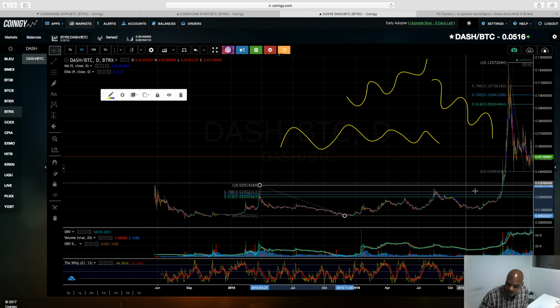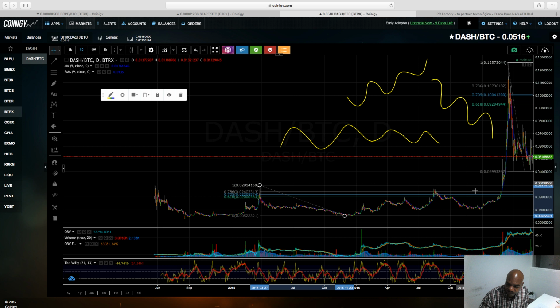Now, if it breaks this range, how far is it going to go? Well, to do that, all you have to do is add in a few of these, what we call extensions. Now, I want to explain these extensions, but you know what? They're a little bit overly complicated, and they're not really necessary unless you're doing day trading.